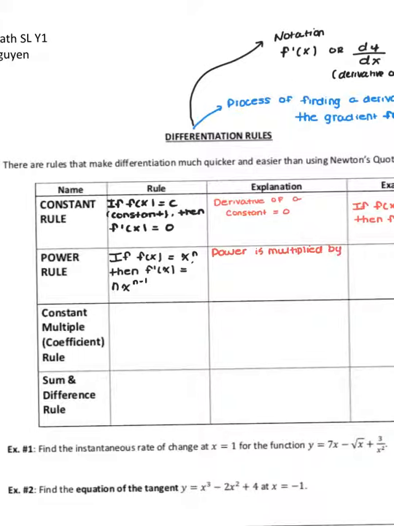So you take the power, you bring it down in front, and you multiply it by the coefficient that's already there, whether it's 1 or 2 or 3 or whatever. And the new power is the old power minus 1, or n minus 1.